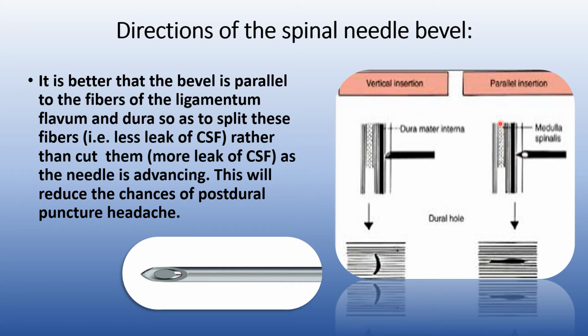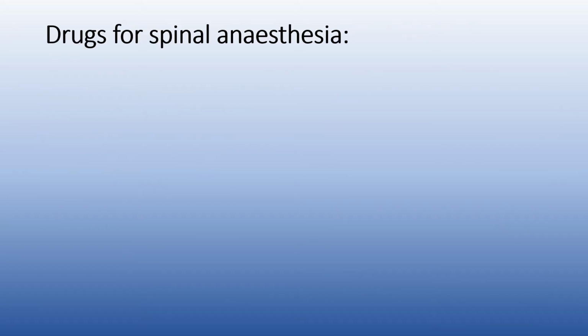In this way, it will be parallel to the direction of the ligament, and so it will split the ligament fibers and not cut them. That is going to lead to a smaller split and less CSF leak, and so less post-spinal epidural headache incidence.